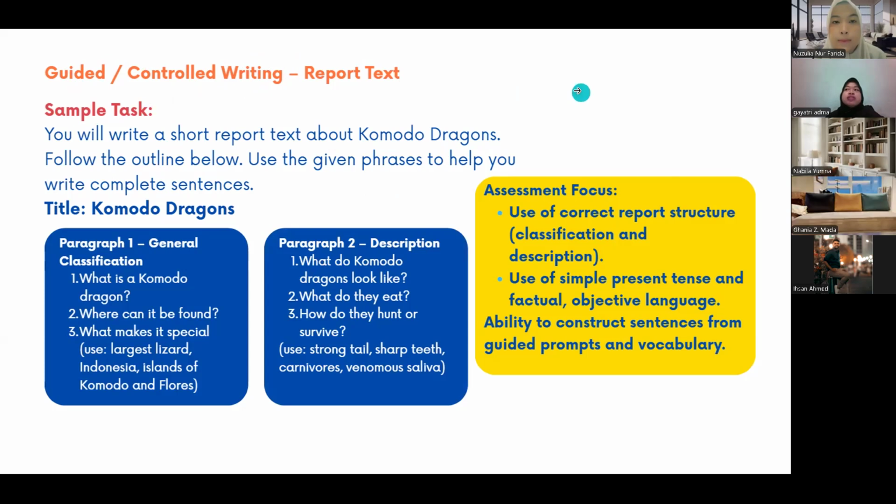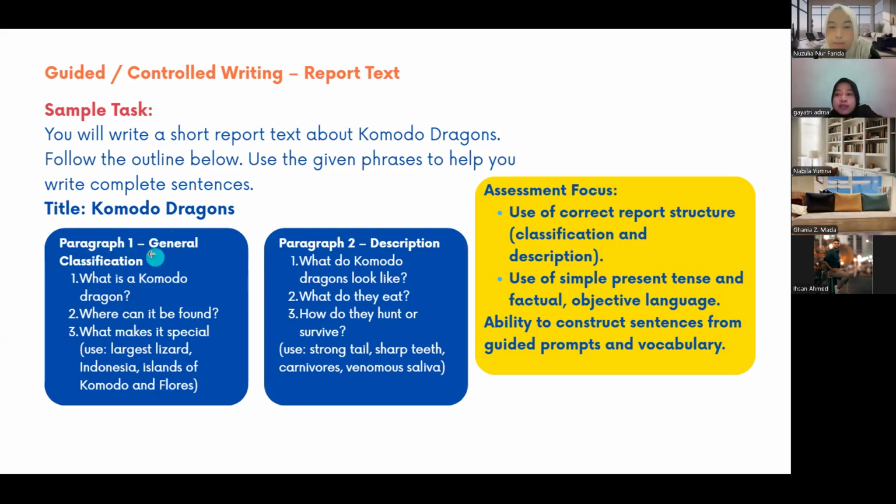for students who may have the lowest writing skills, because as a teacher we guide our students to arrange some paragraphs. The title is Komodo Dragon, and then we clearly define the first paragraph and the second paragraph.